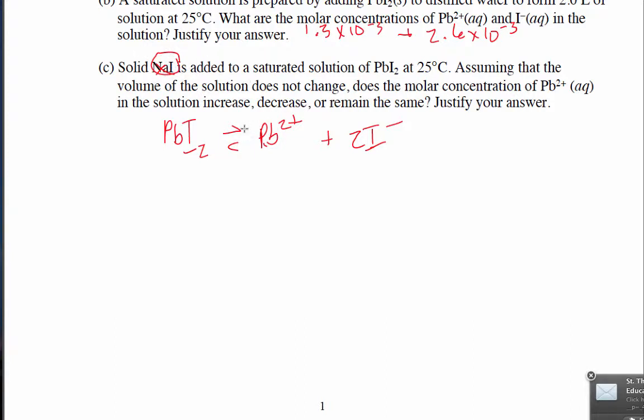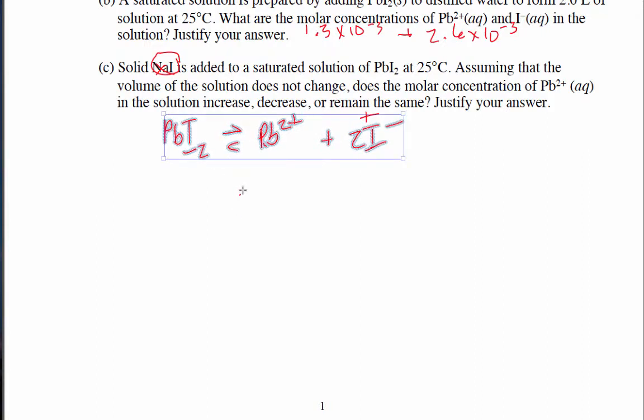Based on our discussion today, if I'm adding iodide, I'm going to increase this. The reaction is going to shift to the left. I mean, it's going to shift towards making more of our solid.